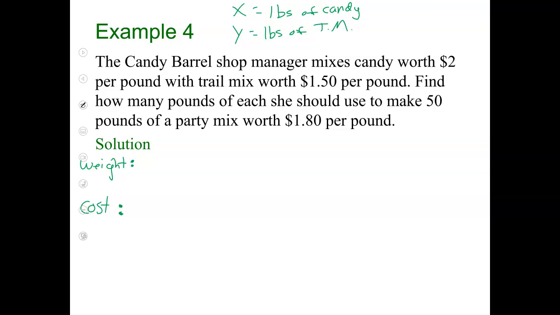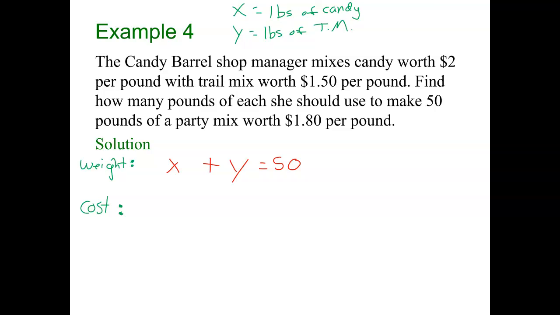Addition. So I'm going to add my candy and my trail mix. What's the total weight? 50. Boom. There's my weight equation: candy plus trail mix gives me 50 pounds for the total mixture.